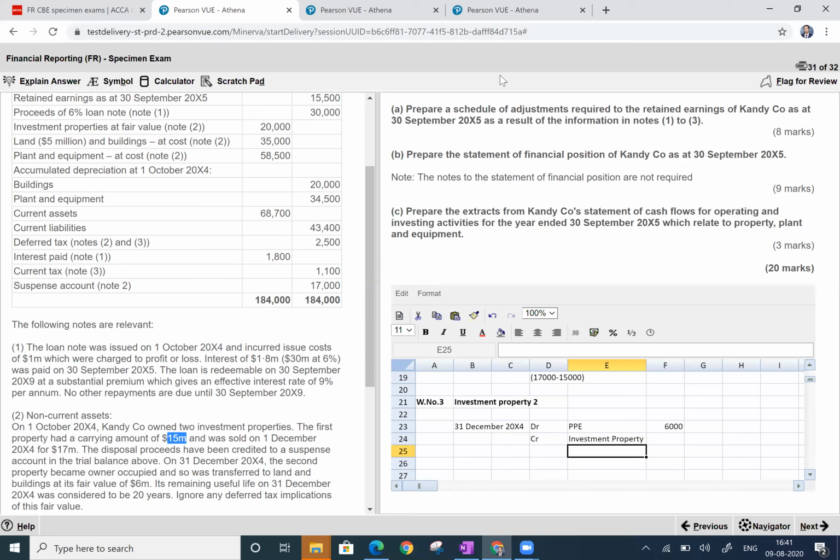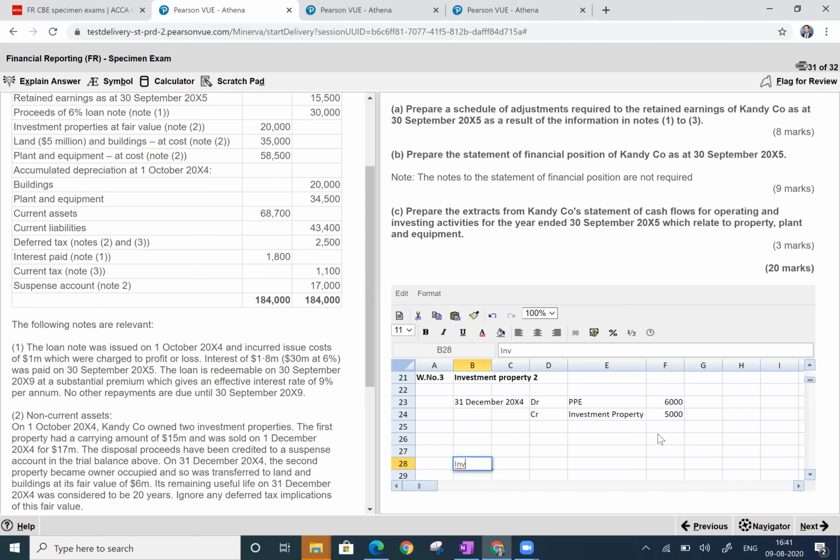So the carrying amount of property 2 will be 5,000. Investment property, total carrying amount. This is for your purpose. Total carrying amount is 20,000.